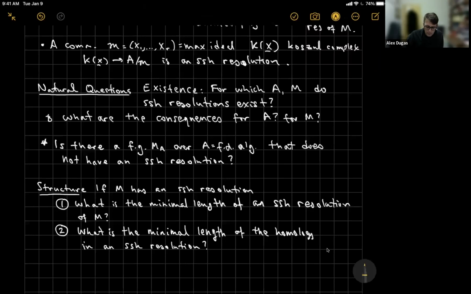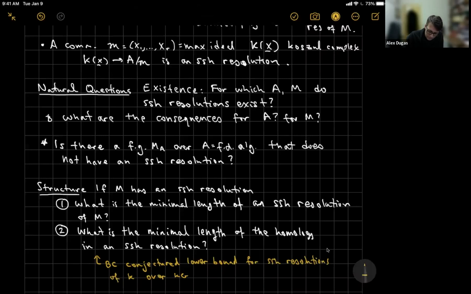And they came up with a conjecture, really a lower bound for this total length of the homology, for SSH resolutions of the simple module K over a group algebra, and in fact I think here G is an elementary abelian p-group.